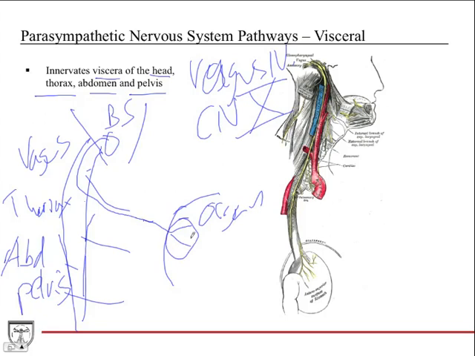So here's the ganglion, here's the postsynaptic neuron, and then it's this short little axon that synapses directly on the target tissue. So preganglionic starts here in the brainstem. That's where the cell body goes. The axon goes through the vagus nerve, through its branches, and then ends up in the tissue wall of the target organ, and then it synapses here. This is the postganglionic neuron, which is very short, synapsing directly on the tissue.